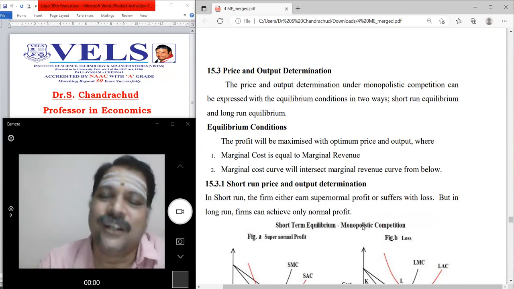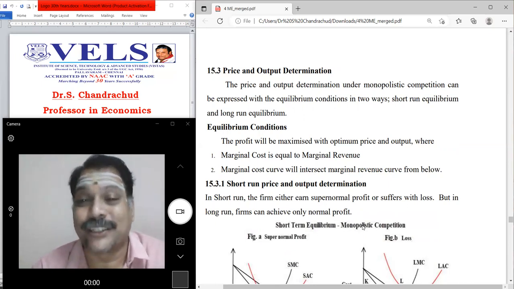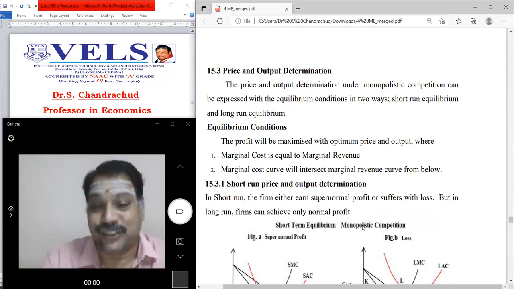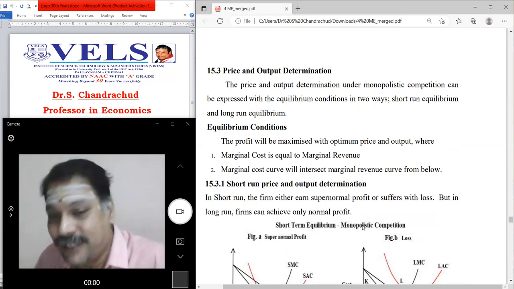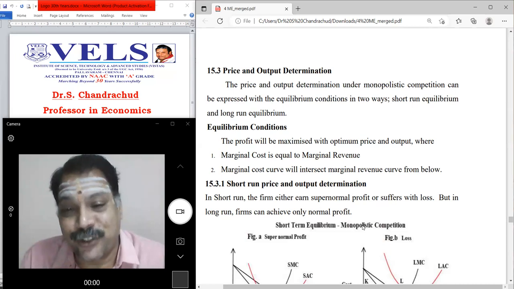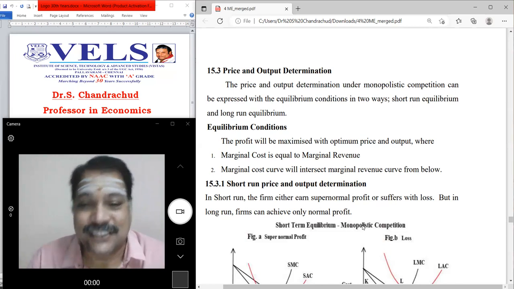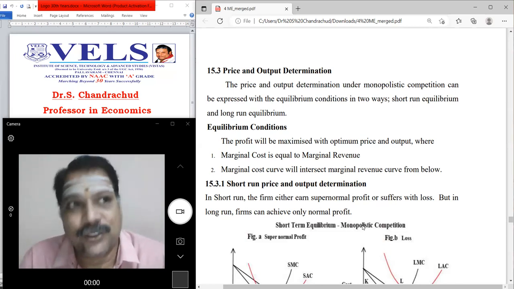First of all, we should know what equilibrium is. There are two conditions to maximize the profit. Those conditions are called equilibrium conditions. The profit will be maximized with the optimum price and output when marginal cost is equal to marginal revenue. What is the second condition? The marginal cost curve will intersect the marginal revenue curve from below.